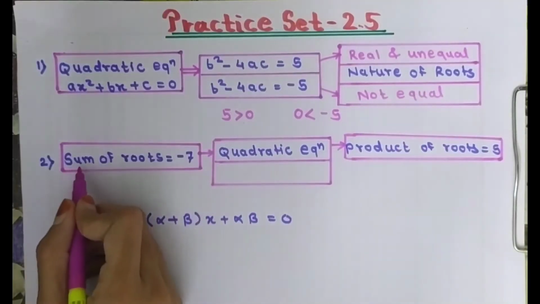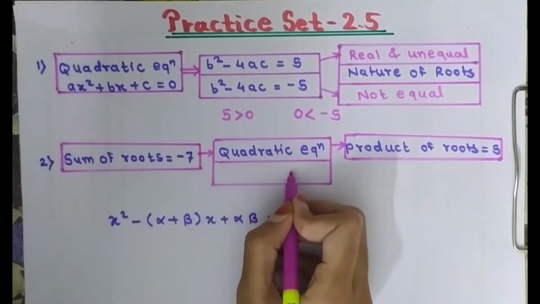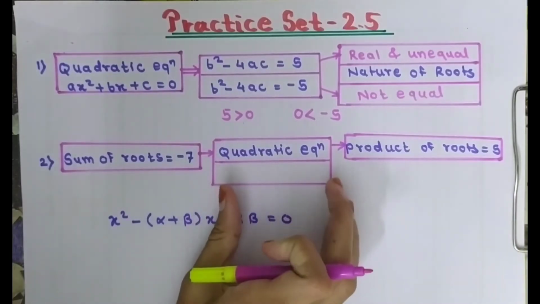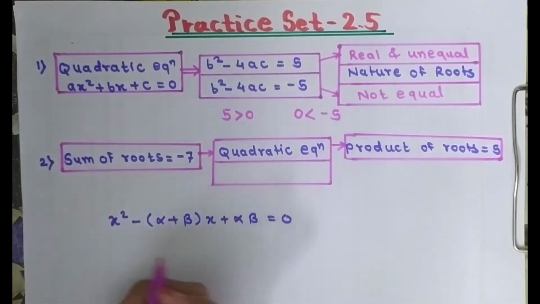Question number 2: the sum of roots is equal to minus 7 and the product of roots is equal to 5. We want to find the quadratic equation. How do we find it? By this formula.